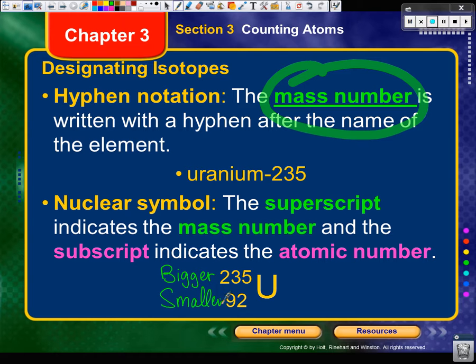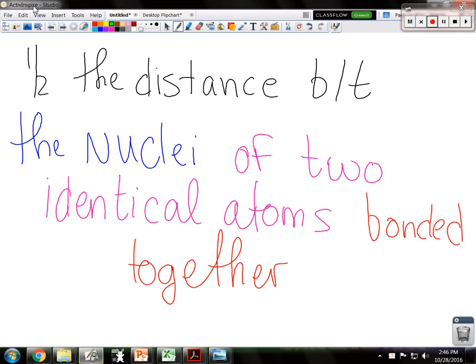So if you ever have to write it, make sure you write the bigger number on top. Do you agree if that was an addition or subtraction to make it a whole lot easier? Okay, think about it from that perspective, because in fact we are going to do a smidge of math with it. So the superscript is the mass number, where the subscript is the atomic number. And there's one last thing I want you to write beside this.